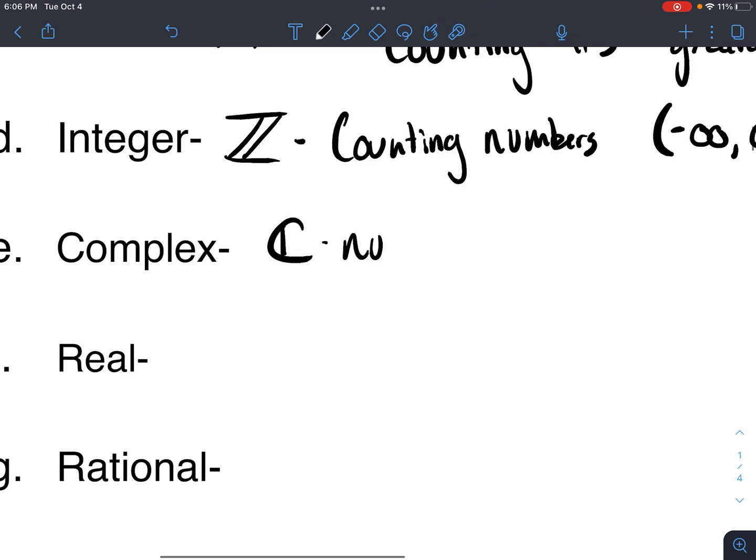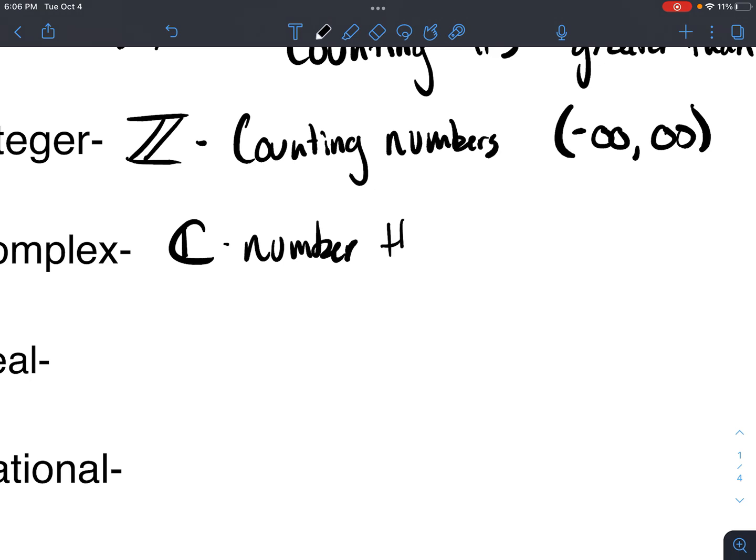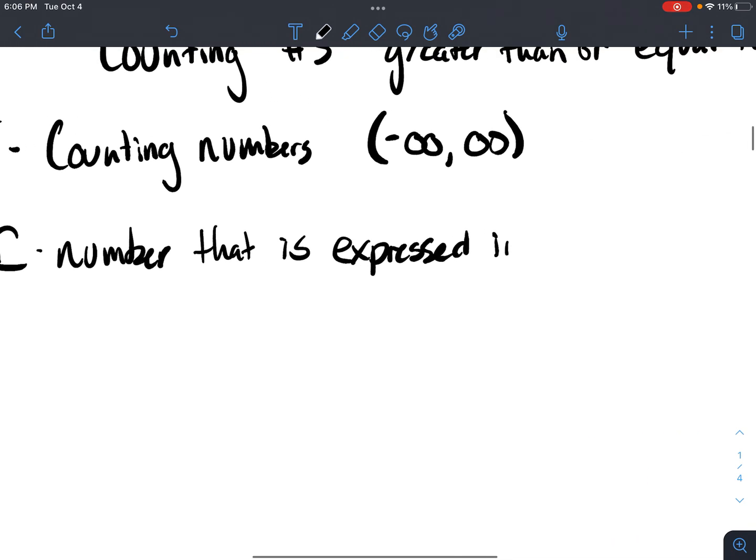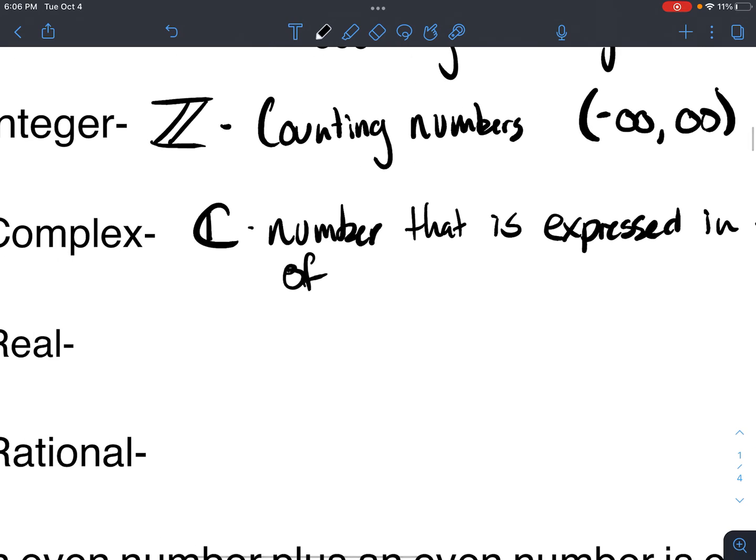So this is a number that is expressed in terms of the square root of a negative number.